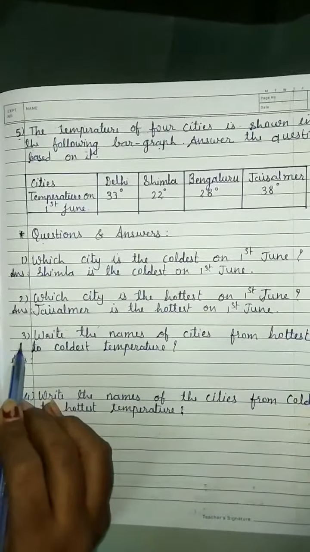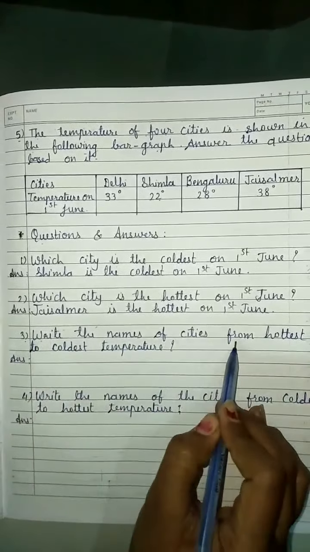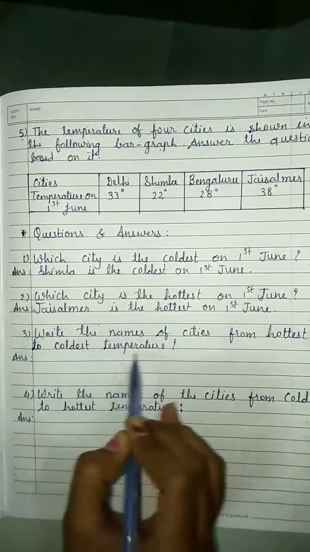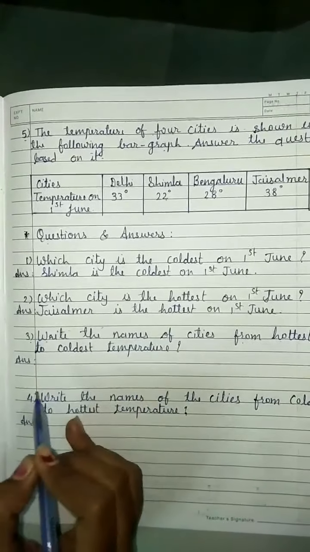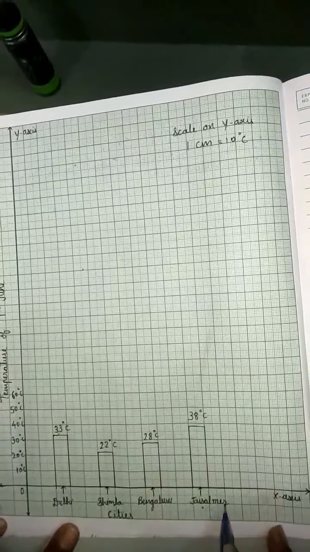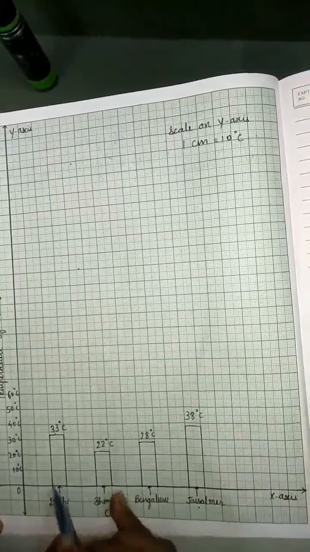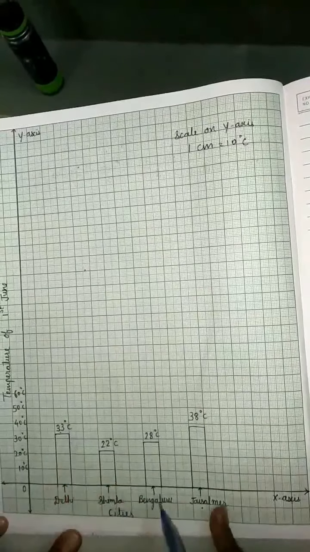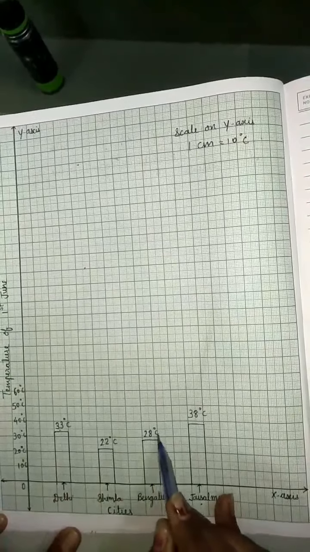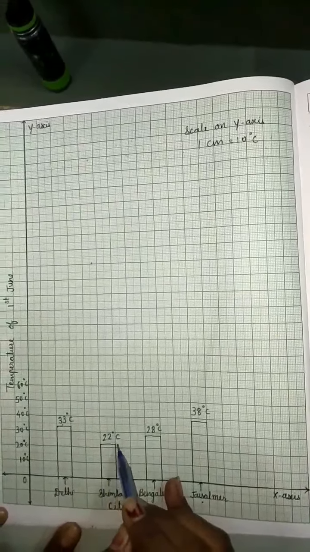Now students, let's read question number 3. Write the names of cities from hottest to coldest temperature. Let's see in the bar graph. So students, here we can see that Jaisalmer is the hottest, 38 degree centigrade. After that Delhi 33 degree centigrade, then Bangalore 28 degree centigrade, and then Shimla 22 degree centigrade.